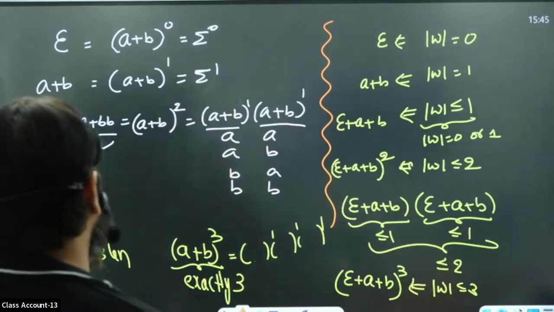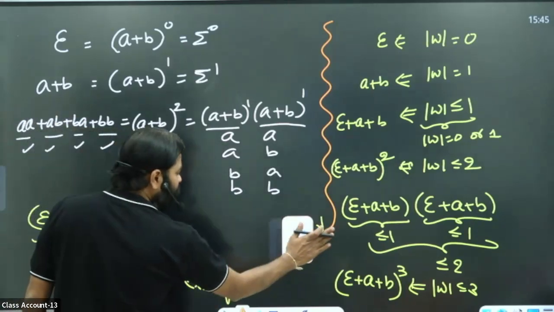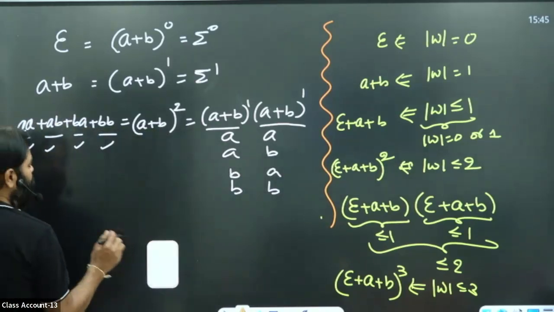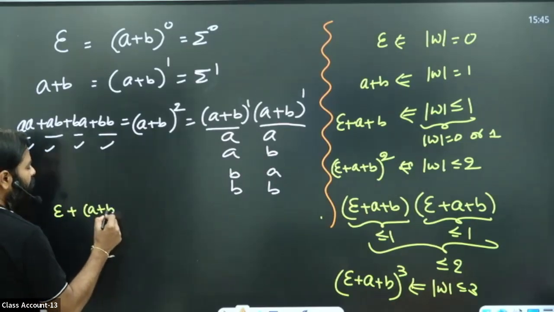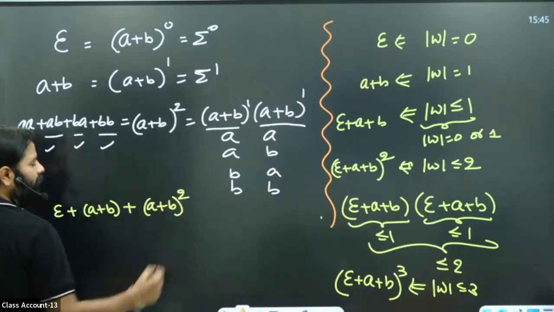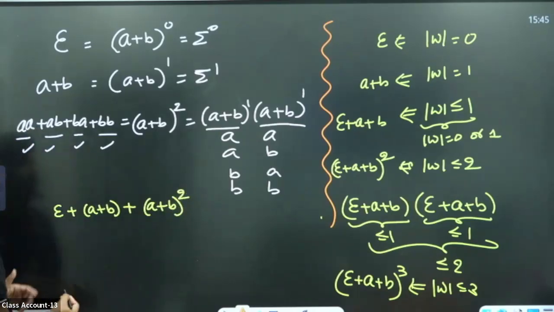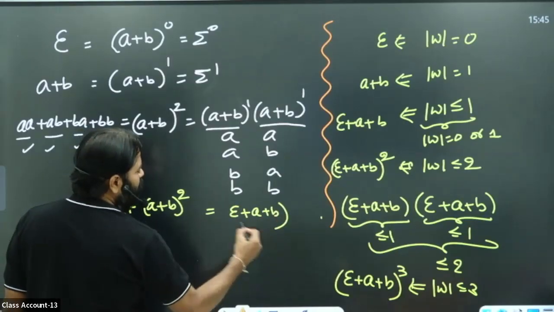You need to understand, every time you want to simplify, it is not easy. Epsilon, you want to prove it? I'll prove it for up to 2 length, why go up to 3 length? Now, how is this equal to epsilon plus a plus b whole square?